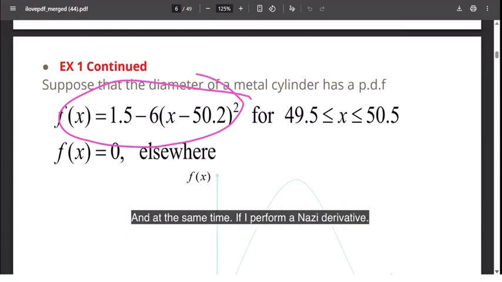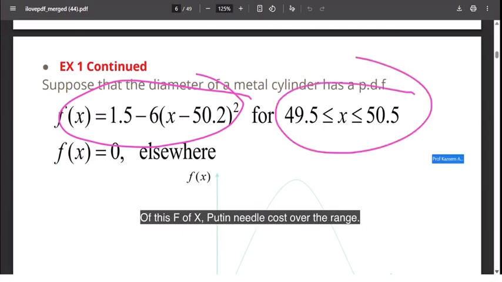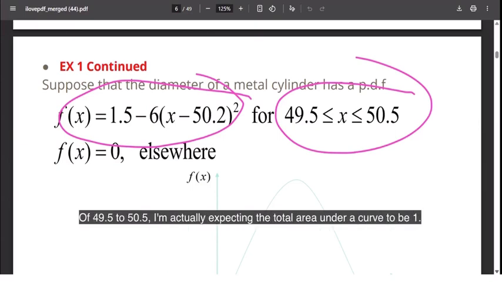And if I perform an antiderivative of this f of s over the range of 49.5 to 50.5, I'm expecting the total area under the curve to be 1. And that makes it a probability model.